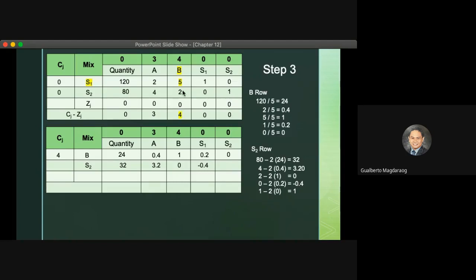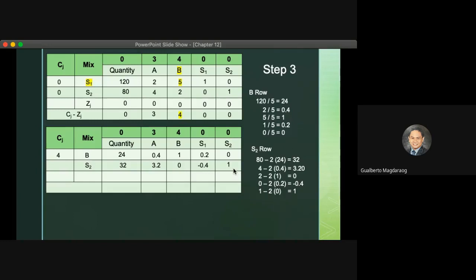1 minus 2 times 0 is 1. Okay, let me explain this one. You multiply first before you deduct. That's 2 times 0 is 0. So 1 minus 0 is 1. Okay?